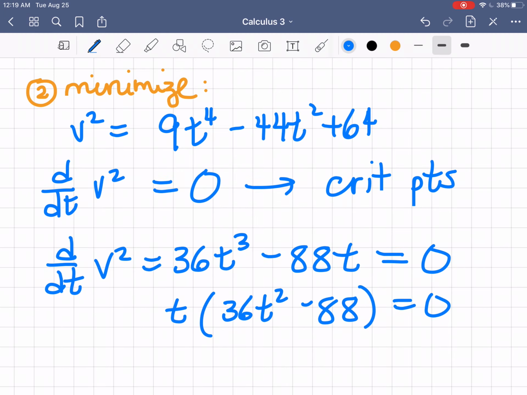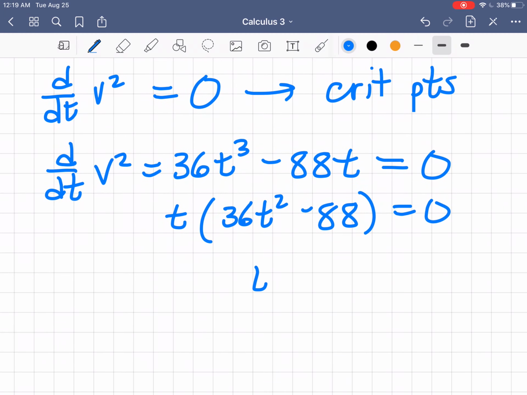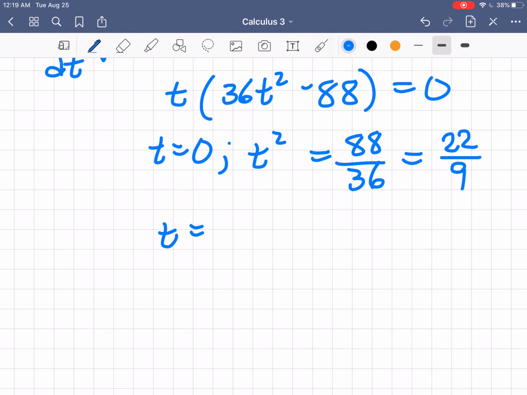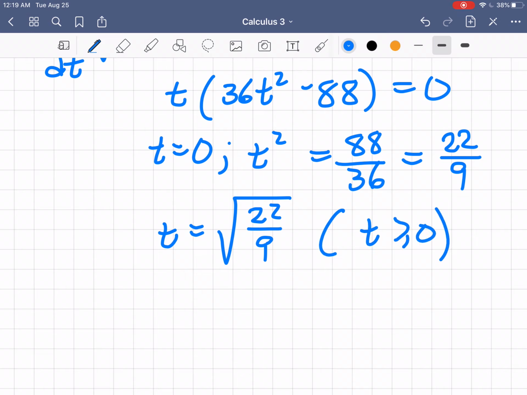And so we end up getting t equals 0, and t squared equals 88 over 36, which simplifies to 22 over 9. So t itself must be the square root of that. We want the positive square root since t has to be bigger than or equal to 0, so this is a critical point.